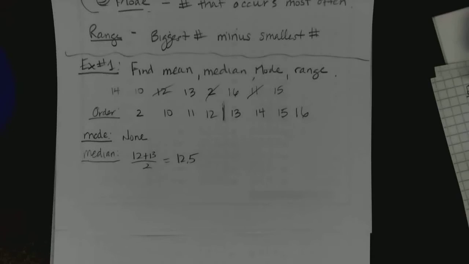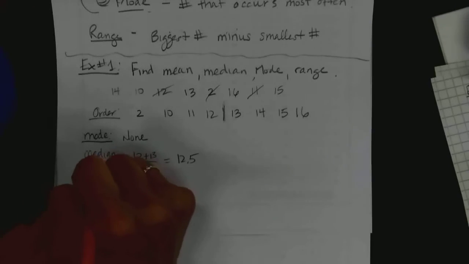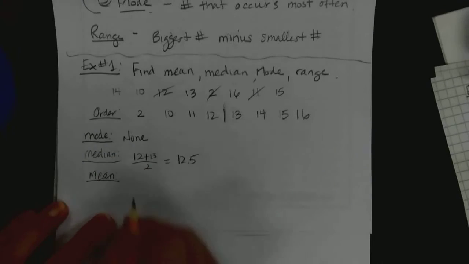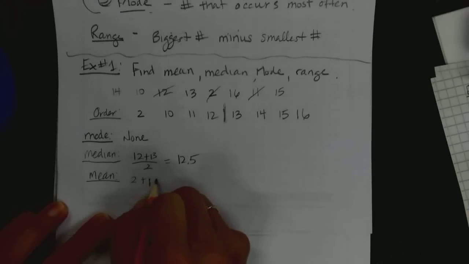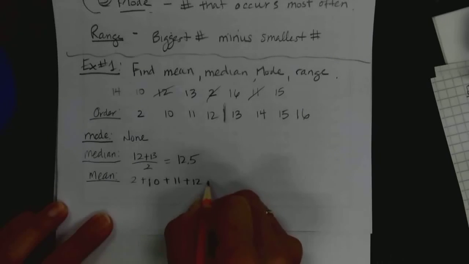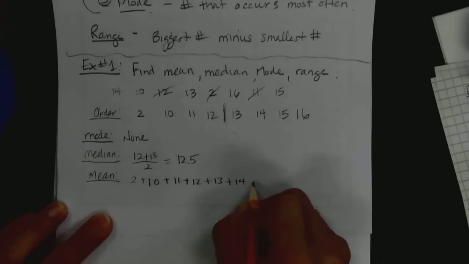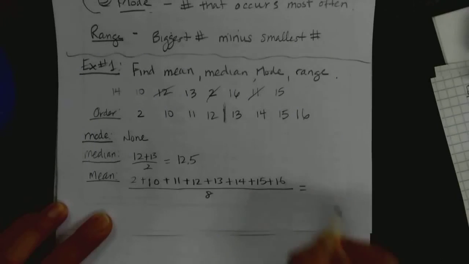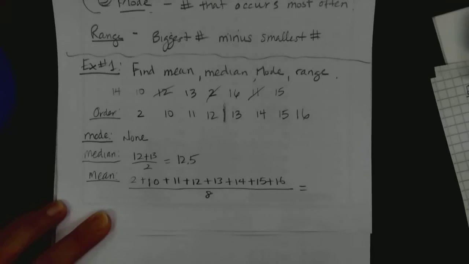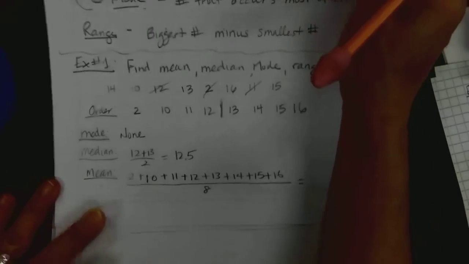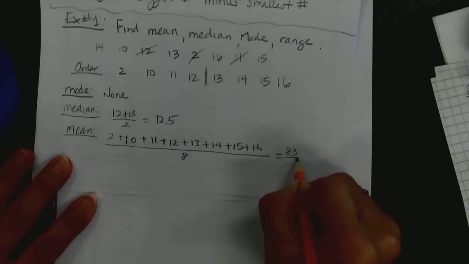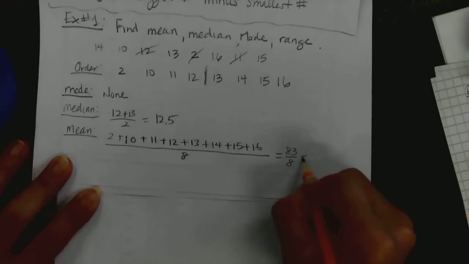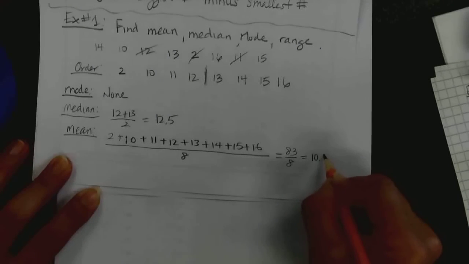Now let's find the mean. How do I find the mean again? Add them all together and divide them. So let's add them together. I got 2 plus 10 plus 11 plus 12 plus 13 plus 14 plus 15 plus 16 all over, we said there were 8 numbers. 83 over 8, which gives me 10 and 3/8.